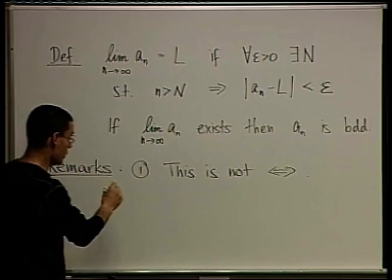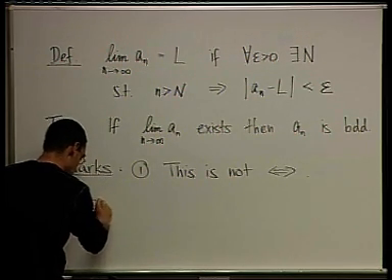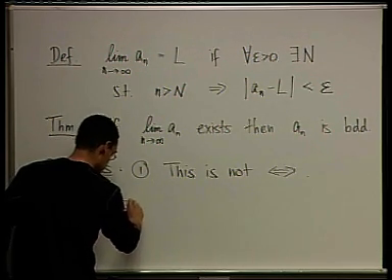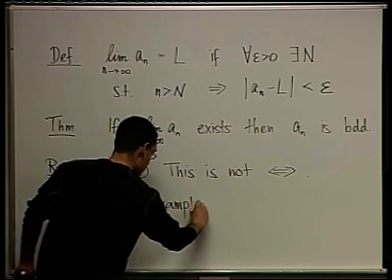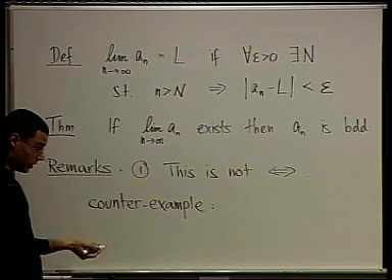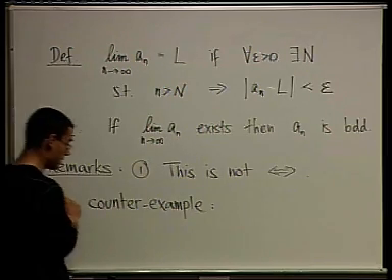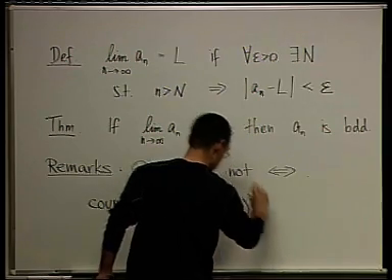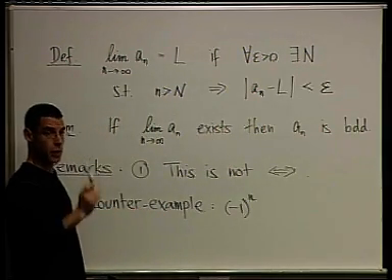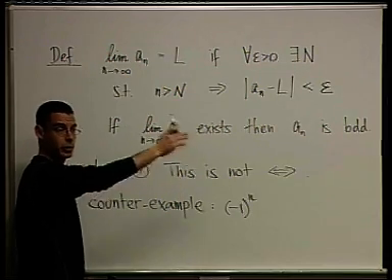Very good. So this would be a counterexample to prove that the other direction is false. This direction is false. So the sequence (-1)^n. The sequence 1, -1, 1, -1, 1, -1.